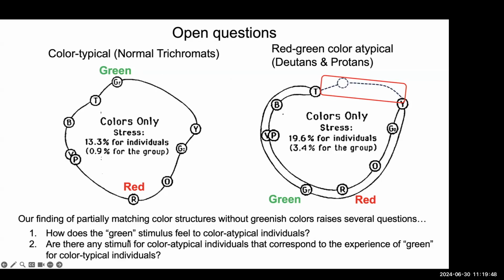But are there any stimuli for color atypical individuals that correspond to the experience of green for color typical individuals? That kind of question has not been addressed so far, but we are very interested in it, and we'll address this question by using psychophysics experiments and also this unsupervised alignment technique.